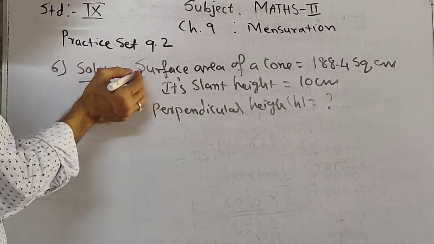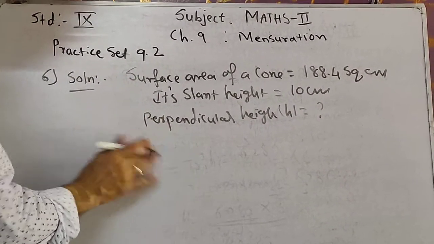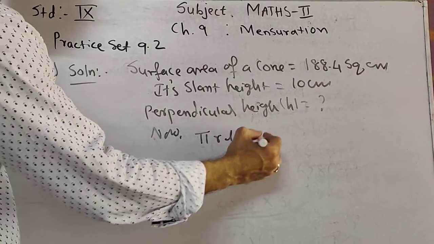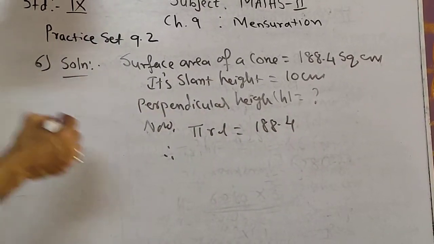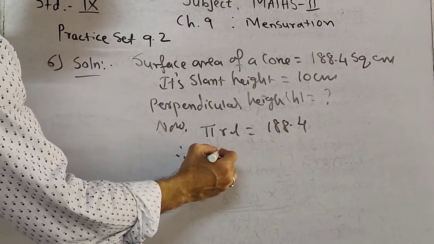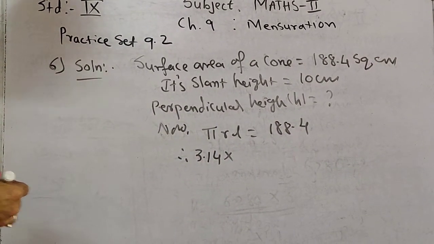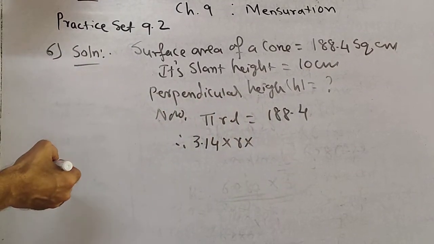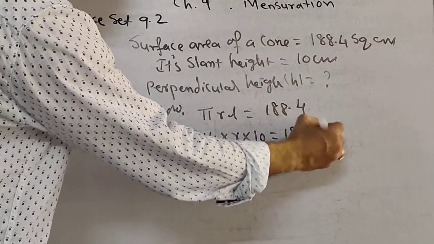So you will use the curved surface area formula. The curved surface area formula is pi r l is equal to 188.4. The pi value is given in the question, 3.14. Okay, r you don't know, l is 10, equal to 188.4.